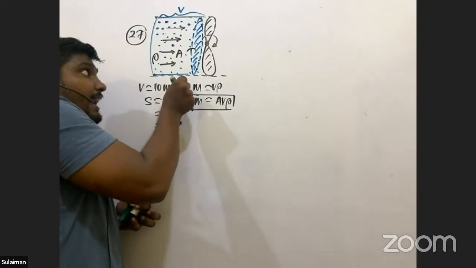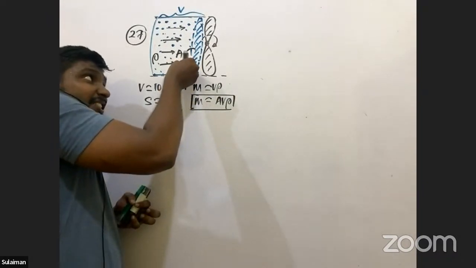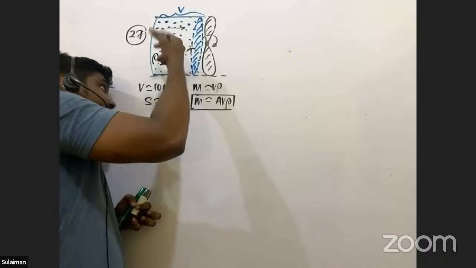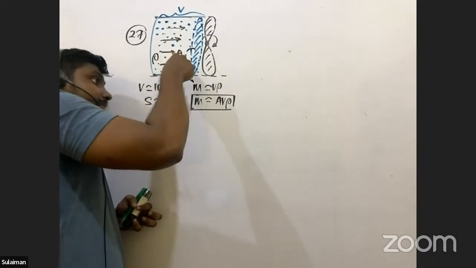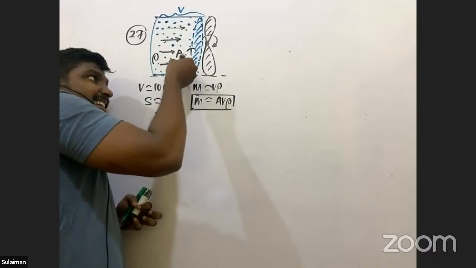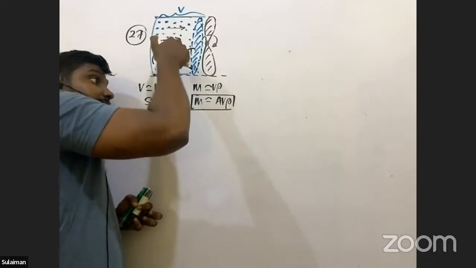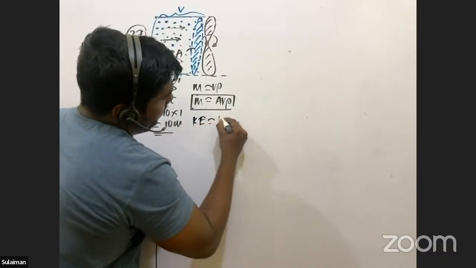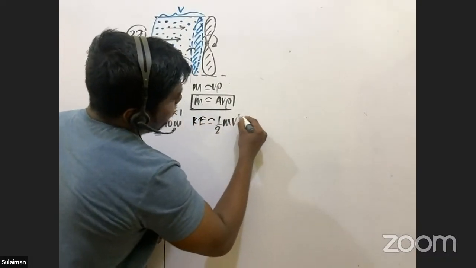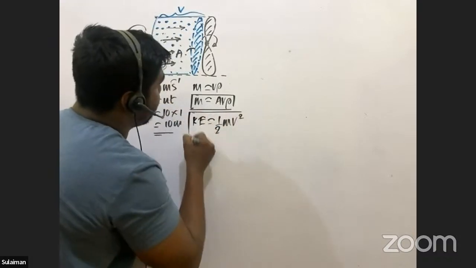Then I want to know basically what is the energy carried by this wind? Kinetic energy. If you know the mass of the wind as A V rho, what is the kinetic energy carried by this mass? Kinetic energy means half m v square.